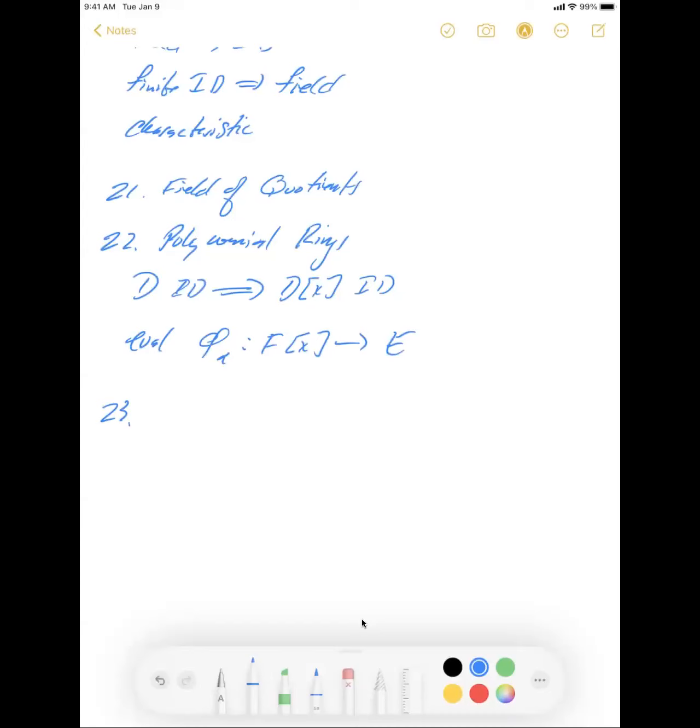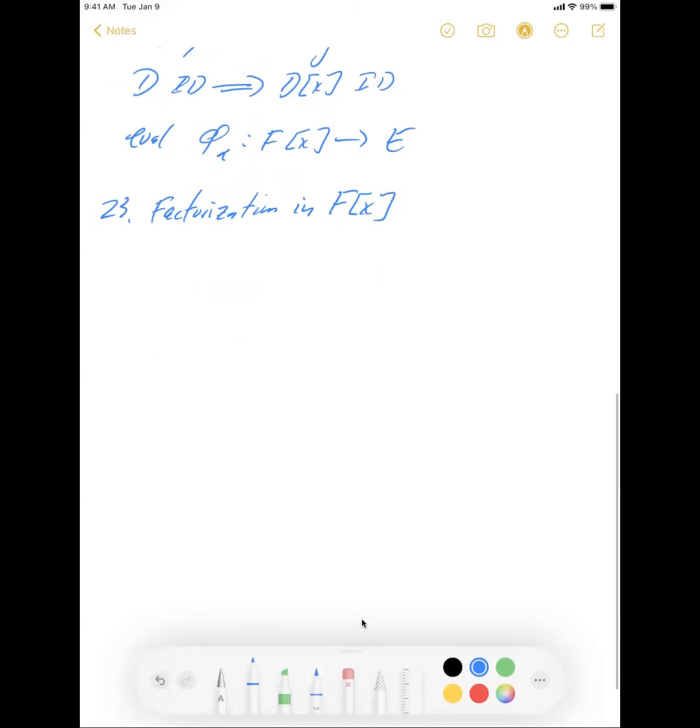Next chapter, factorization in F[x]. This is a pretty long chapter where we did quite a bit of study of polynomials. We got a division algorithm for polynomials. We talked about irreducibility of polynomials.